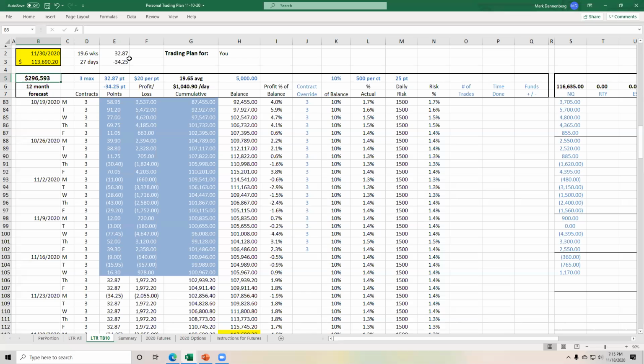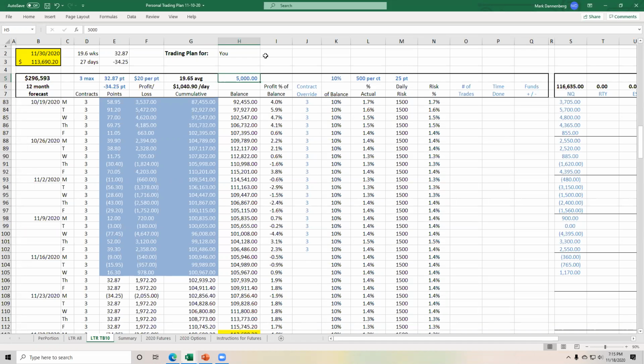They might improve, they might erode. Whatever they are, they're going to be your actual performance. And you're going to want to project forward based on that actual performance. So $296,593 is the current projected income. Now, let me remind you that we started with $5,000.